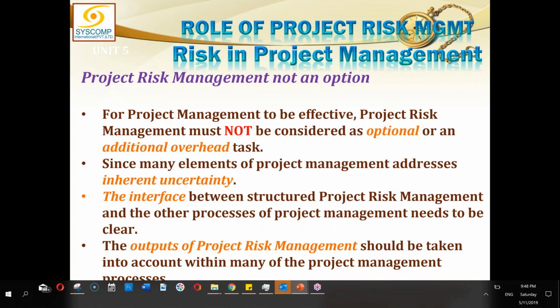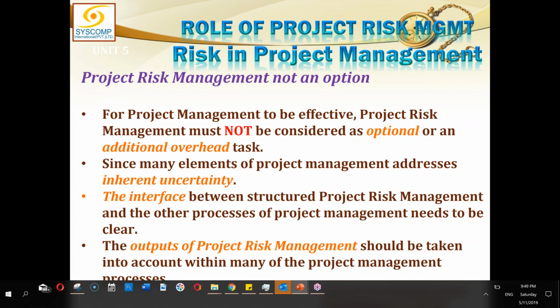And we explained yesterday that risk management has to be integrated with all the other knowledge areas, and this integration would happen while you are developing the overall project management plan. But risk is something common for each and every knowledge area. When you are identifying the risk, you are being proactive, so you must identify from the perspective of every knowledge area.